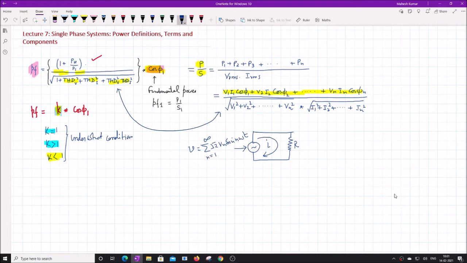So what is the current in the circuit? Since it is a resistive circuit, the current is simply i equal to v by R, which means 1 by R is common, sigma root 2 Vn sine n omega t, where n is equal to 1 to infinity.